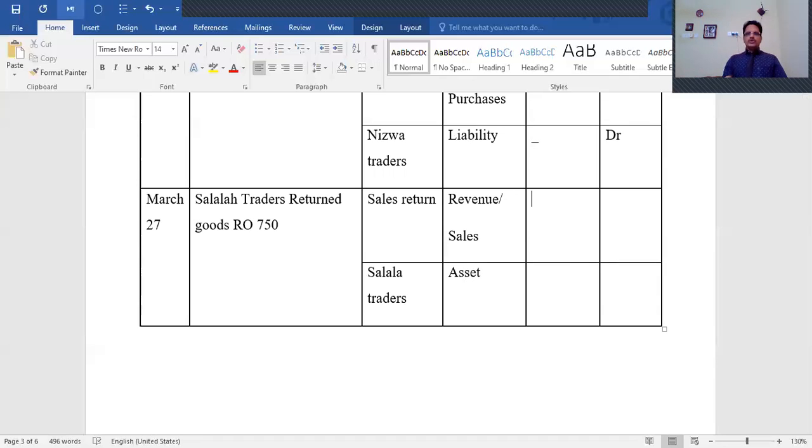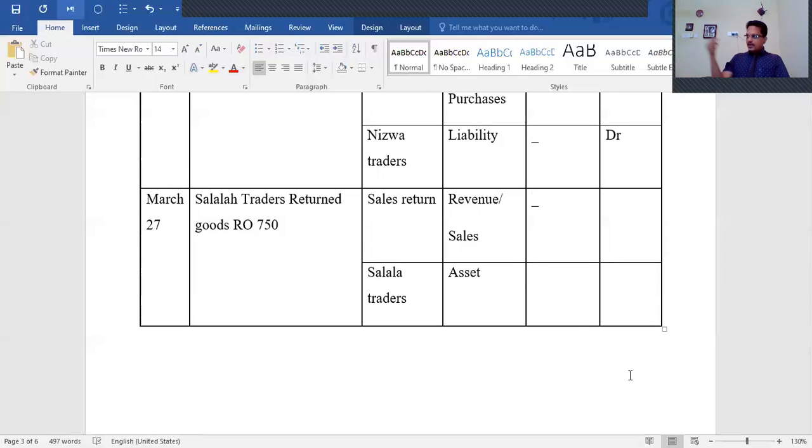Now you have to check whether Salala traders return some goods. Goods are returned from Salala traders. Your sales or revenue increase or decrease? When you sold goods, your revenues are increasing. And when some customer returned the goods, your revenues are decreasing. Just like Salala traders, your asset, the person who owes money to you.